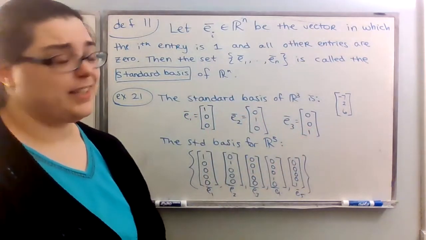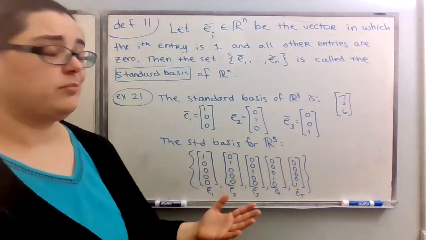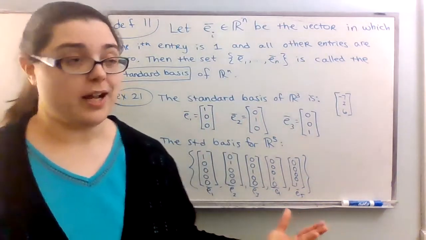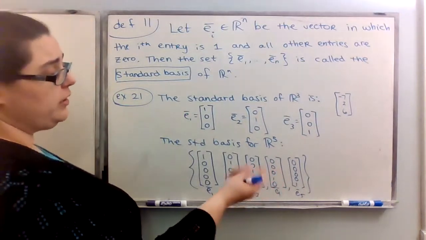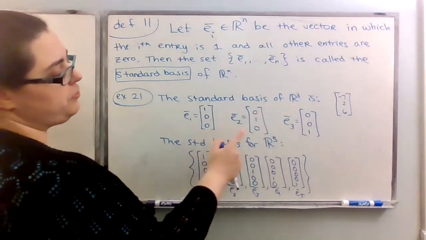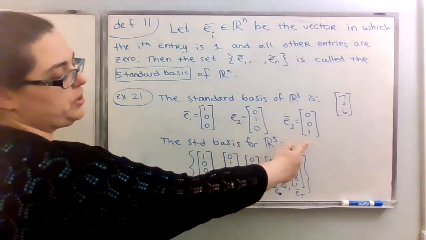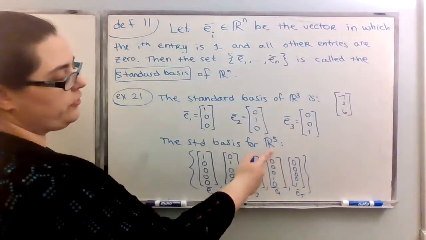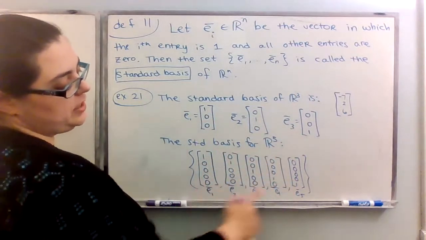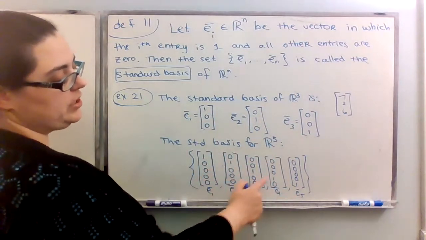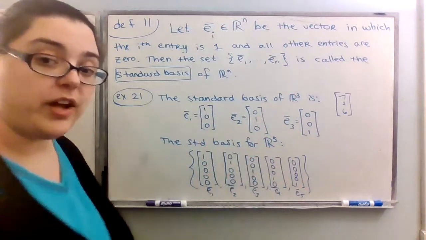Also, what this helps us to see is the dimension of R^n, which we probably already know from calculus. But if we look at what's going on here, with R^3, we have 3 basis elements because we need to define each of those 3 coordinates. For R^5, we have 5 basis elements because we needed to define each of the coordinates for R^5.